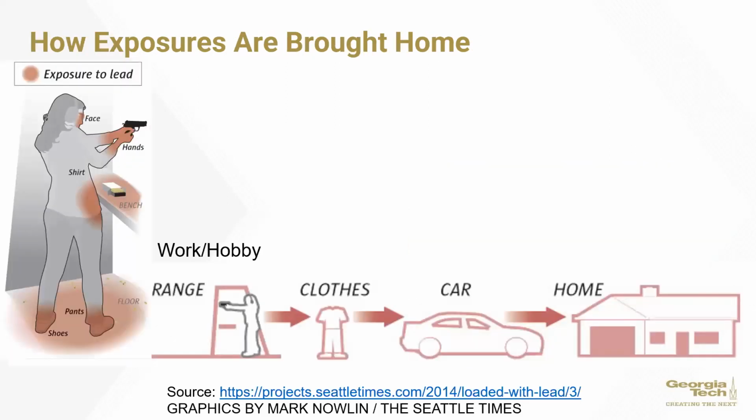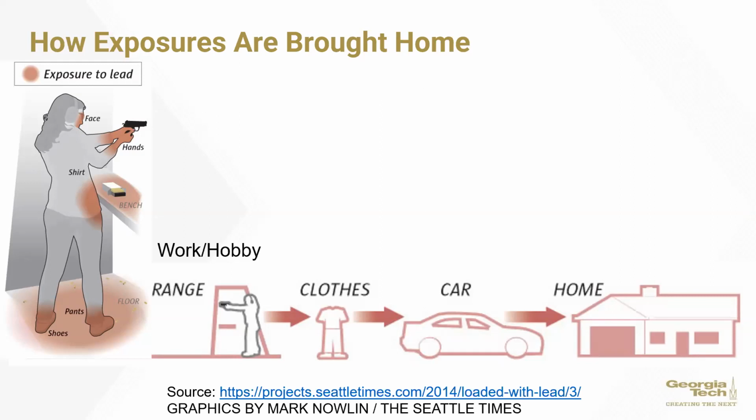So Mark Nolan of the Seattle Times produced these amazing graphics that really demonstrate, as an example, either for work or a hobby, if you go to a shooting range, you might be exposed to lead. So you're handling a gun, right? And you are at the shooting range, and the ammunition may have casings that include lead.